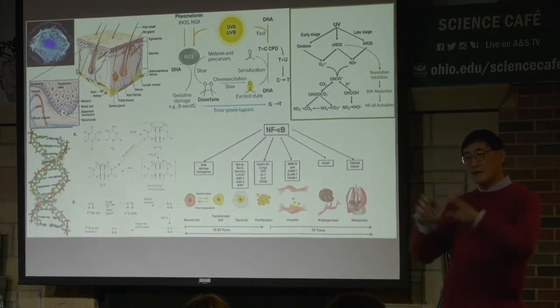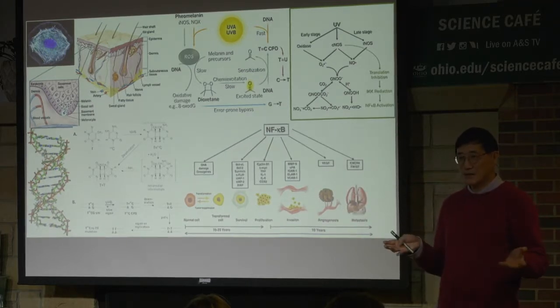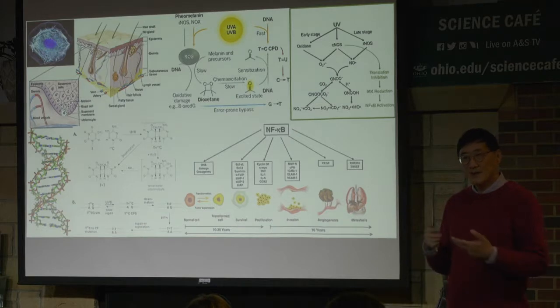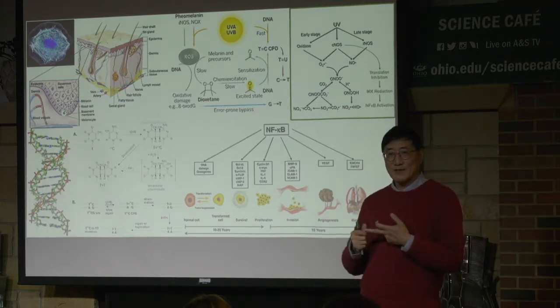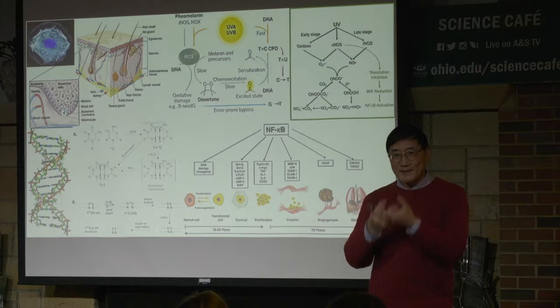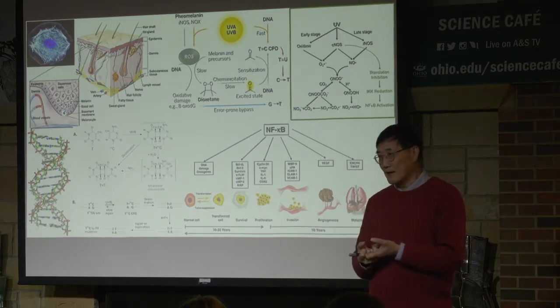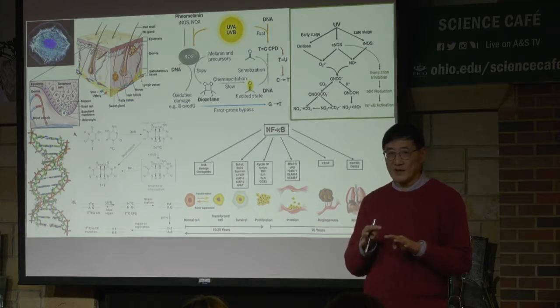Okay, but your DNA is so big, some of these mutations don't matter, don't cause much of a problem. But if it's mutated in a critical gene, especially a gene for survival, then you get trouble. But that single mutation probably will not cause cancer, because cancer really is very complicated.